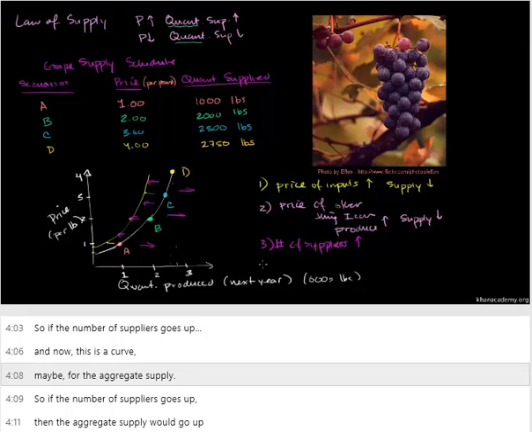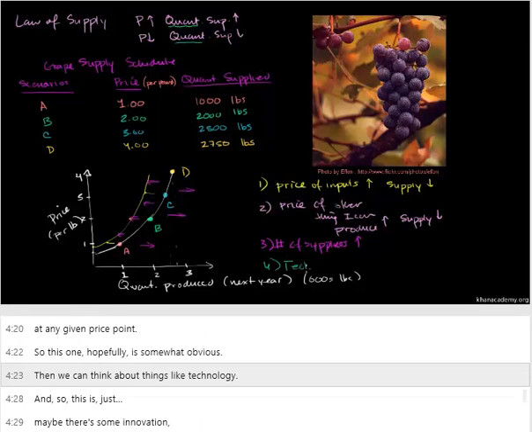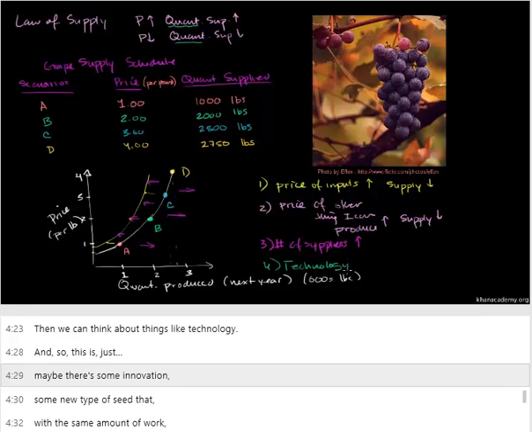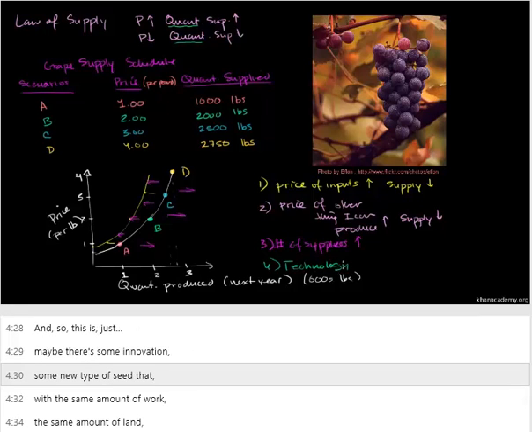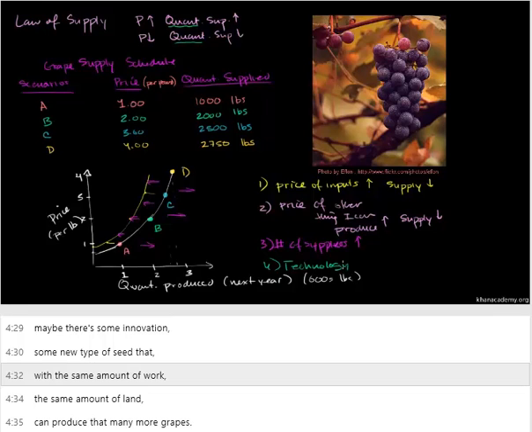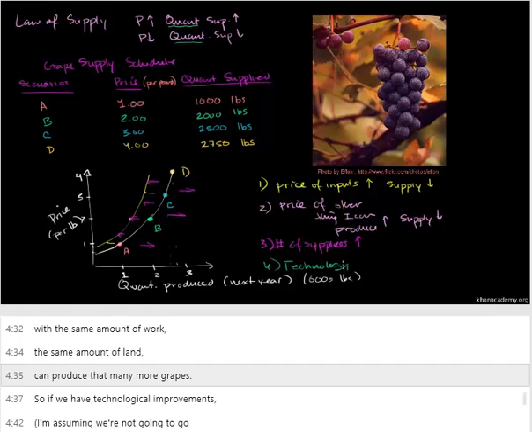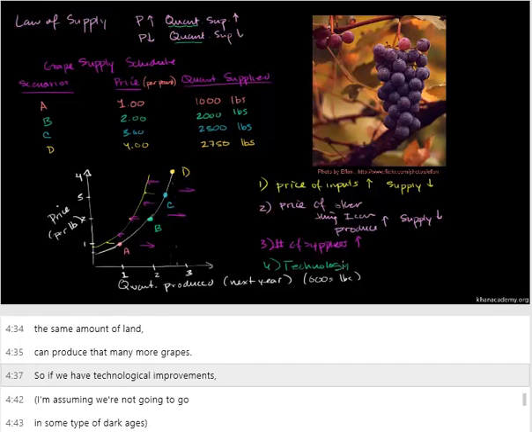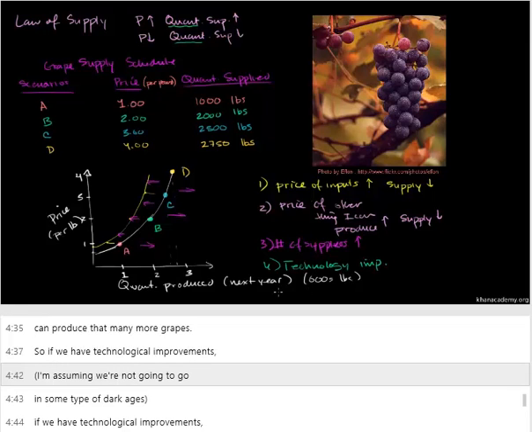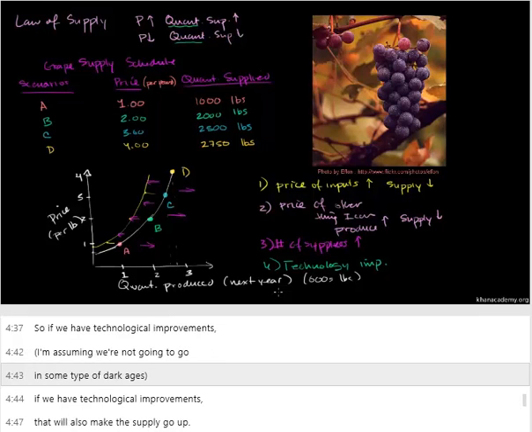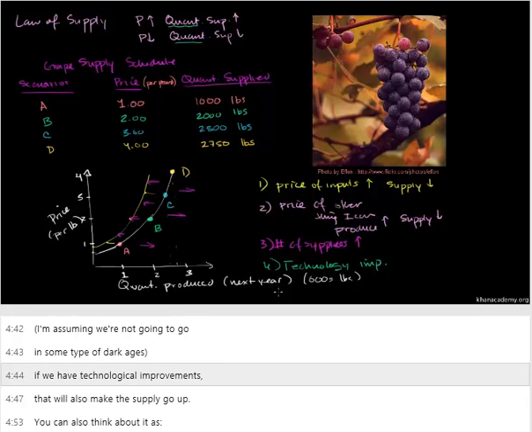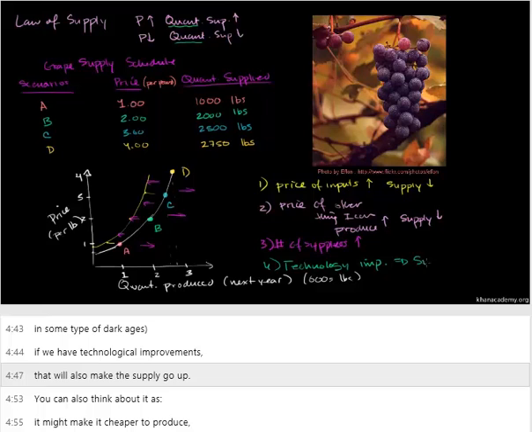Then we can think about things like technology. Maybe there's some innovation, some new type of seed that with the same amount of work and the same amount of land can produce that many more grapes. So if you have technological improvements, and I'm assuming we're not going to go into some type of dark ages, then that will make the supply go up.